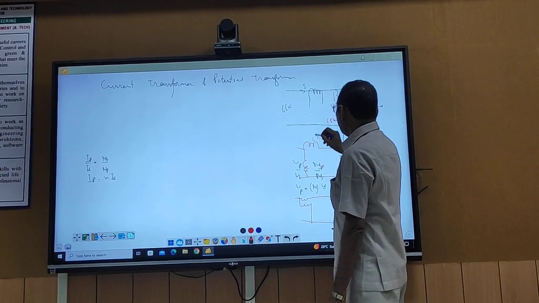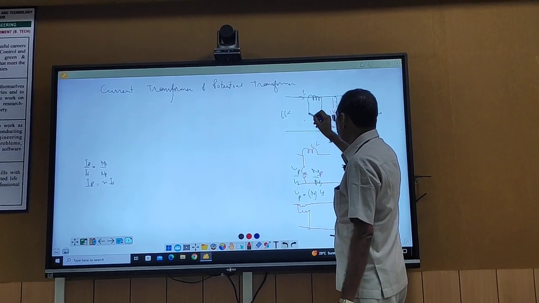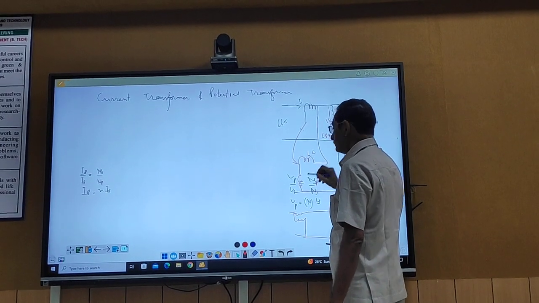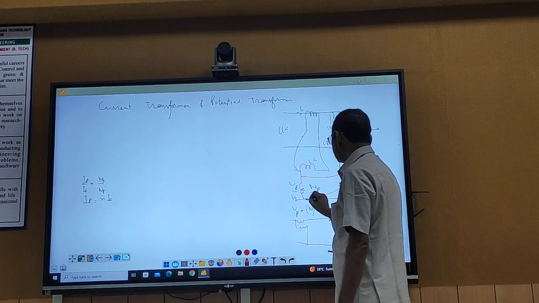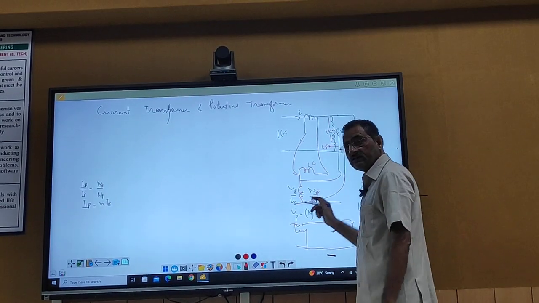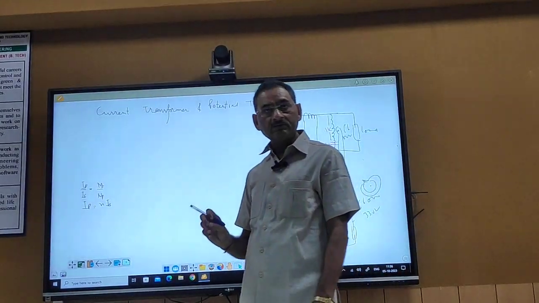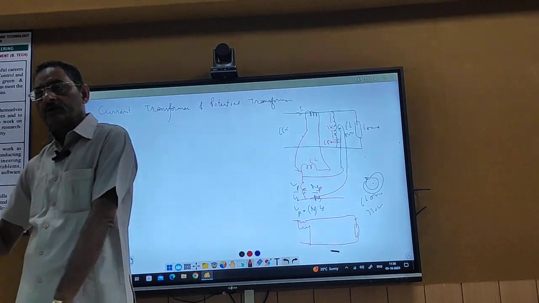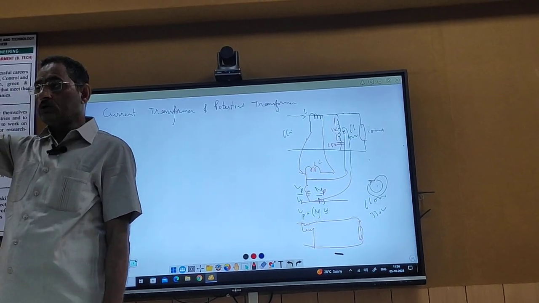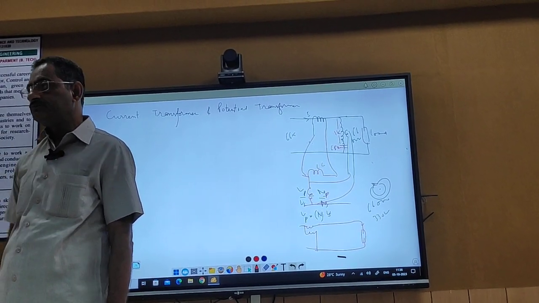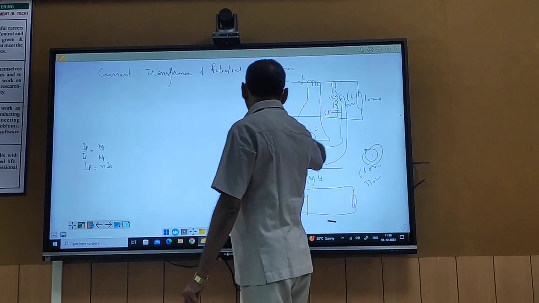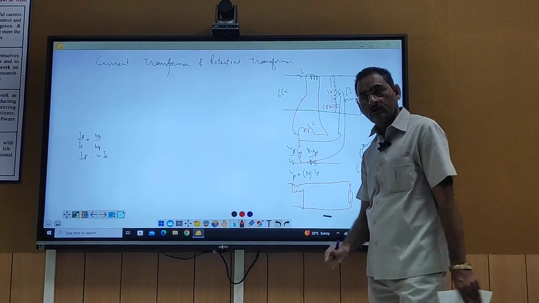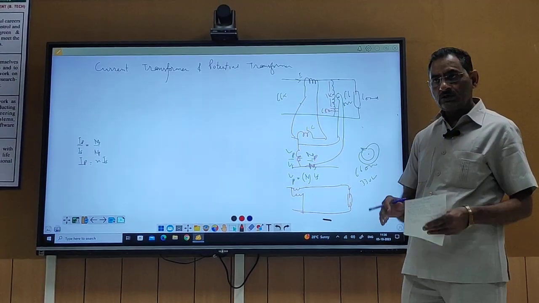The current coil will be fed from here, and the potential coil will be connected like this. So whatever reading the wattmeter gives, you can calculate the actual power of the load. How much will it be? The number of turns of this multiplied with the number of turns of this. Okay? Is this point clear?